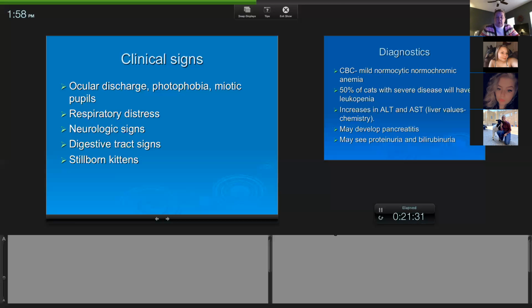And one of the reasons we talk about it in this class is that if we're talking about ruling out infectious diseases, some of these protozoal diseases, and if you have a litter of puppies or a litter of kitties that die or that were born stillborn, you can send that deceased kitten to the lab, and they will test all of the tissues, and they will look for toxoplasmosis because it can cause these stillbirths. So they'll do the further testing. And like I said, that's what we end with in ClinMed 3.